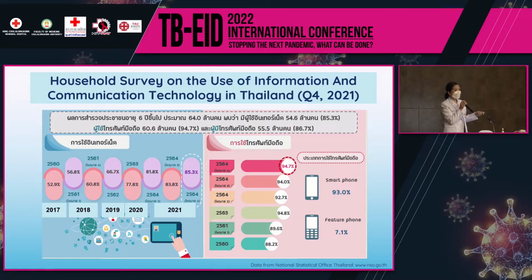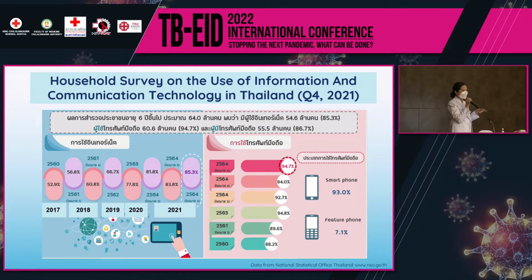And I would like to show you some data on how digital technology is currently involved in our lifestyle. This is data from the National Statistical Office, Thailand. This is a survey of households on the use of information and communications technology in Thailand in the last quarter of last year.